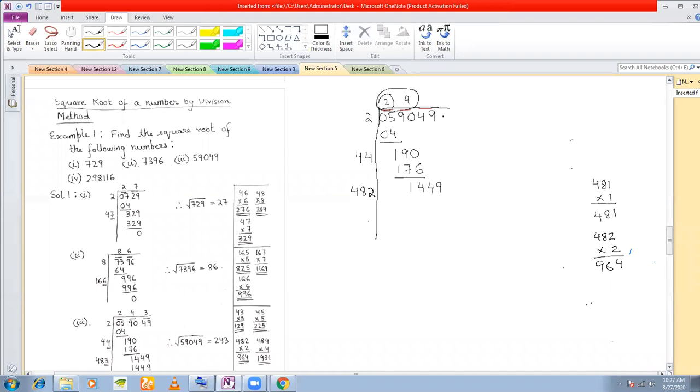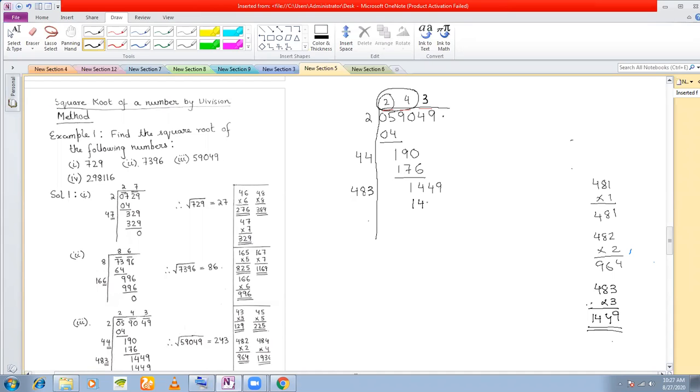Okay. So we'll try with 3 again. 483 into 3. 3 into 3, 9. 3 into 8, 24, and so on to 1449. So exactly 1449 we are getting here. So we'll keep this 3 here and we'll write this 3 here also.